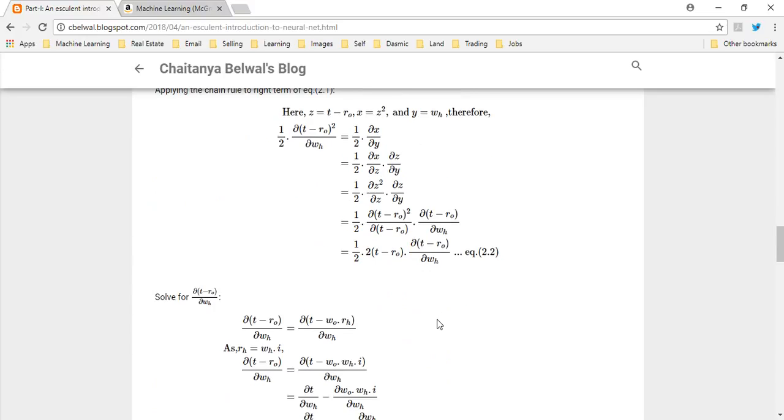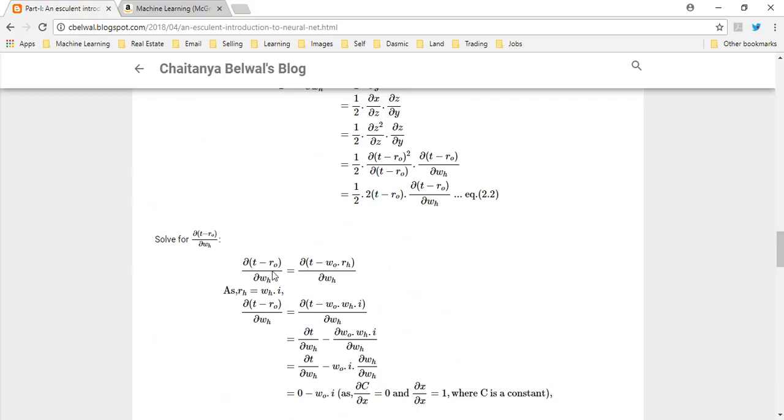Now let's proceed further and derive this. So T minus R0 upon the derivative of WH, we put in the value of R0, which is WO times RH. As RH is further equal to WH dot I, we replace this value here. So this term becomes the partial derivative of T minus WO times WH times I upon the partial derivative of WH.